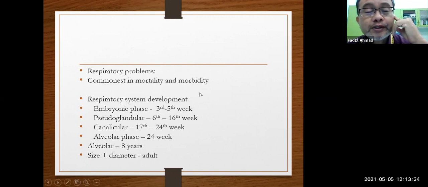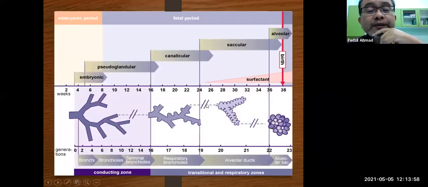So for respiratory system development, you have to look at the embryonic phase, pseudoglandular phase, canalicular phase, and alveolar phase. After delivery, the alveoli increase in numbers until the age of 8 years, and after that, the size and diaphragm increase until you reach adulthood. So that is the respiratory system development.